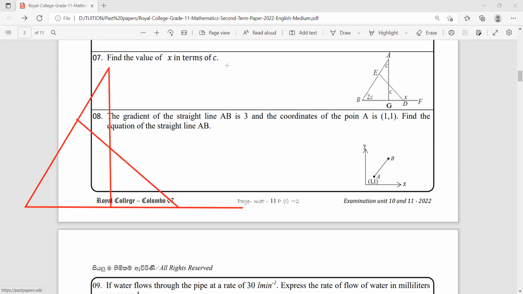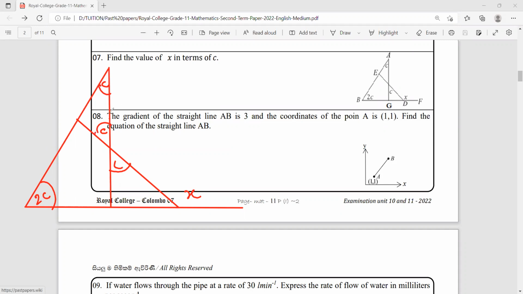So you have to find x in terms of c. So you get c here, and this is also c because these are vertically opposite angles, and you get 2c here. It's 2c, and this is x, and you have been given this is also c, right?